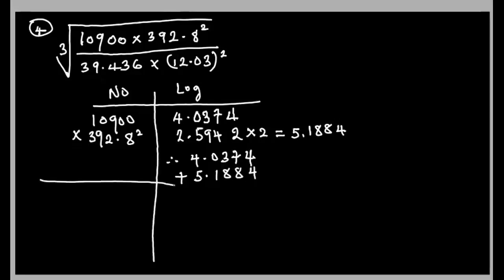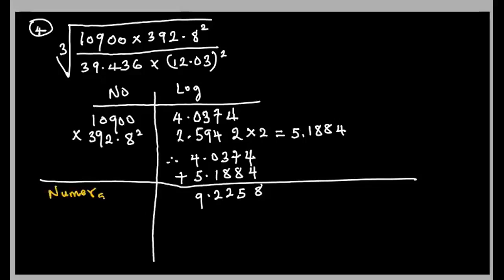Let's add them together, and we have 9.2258. This value happens to be for our numerator.